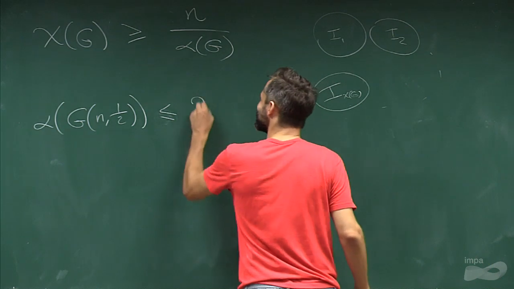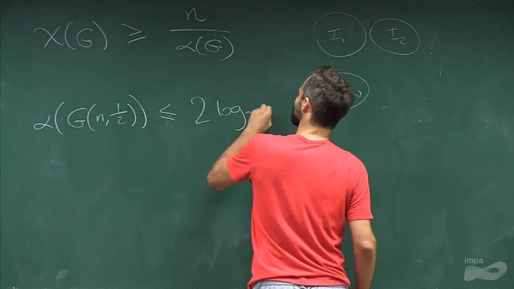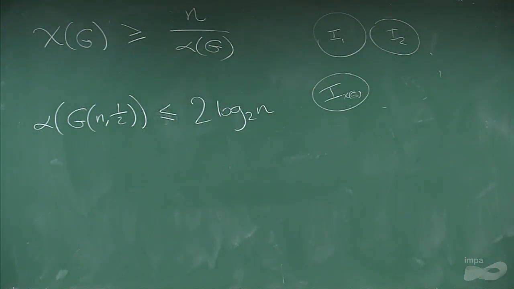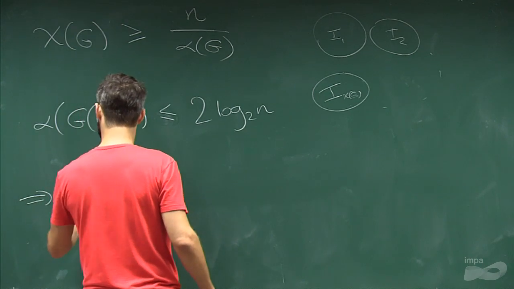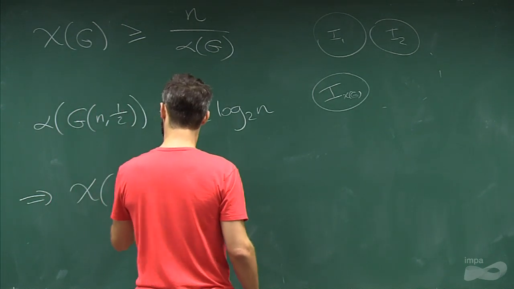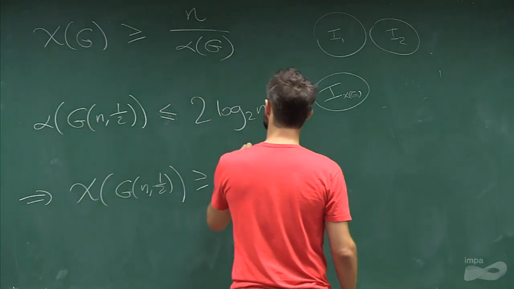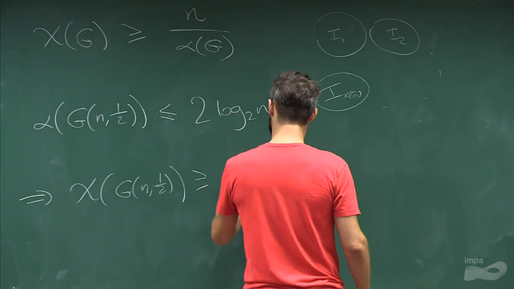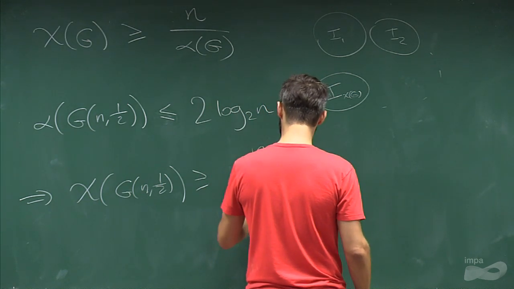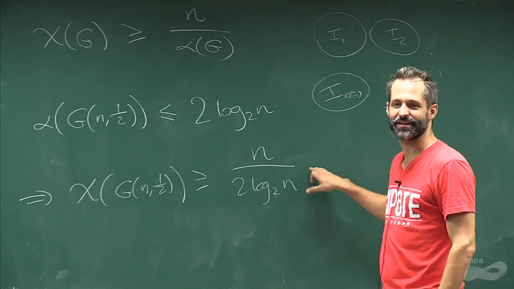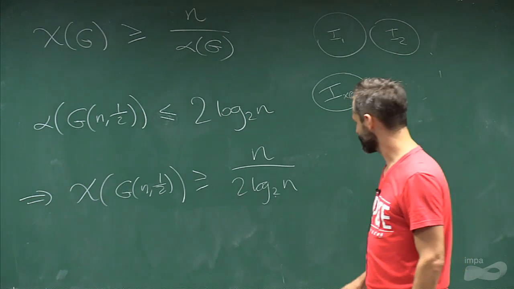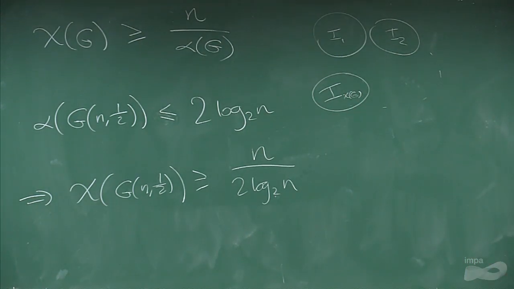We proved around the Ramsey number that it's at most 2 log n, right? So the chromatic number of G(n, 1/2) is at least n over 2 log to the base 2 of n, and I'm being careful with this because this is actually the right answer. So, theorem, maybe I'll do it over here.